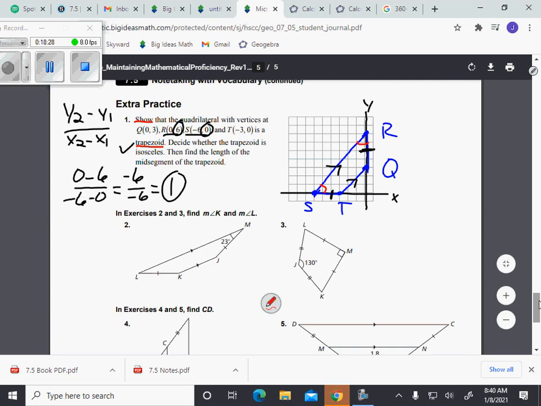Now we need to find the slope of TQ. I'm going to take 0 minus 3 over negative 3 minus 0, and I will get the same thing, I'll get 1. So that is a trapezoid. We know that the opposite sides are parallel. We know it's an isosceles trapezoid.